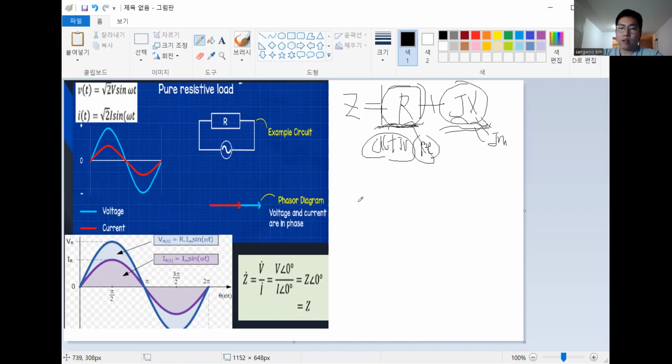So look at that. Since we use a pure resistor, first of all we will draw. Since we use a voltage source system, this is standard. So I prefer to draw with a voltage phasor. So V is here, and I is also the same in phase, right?